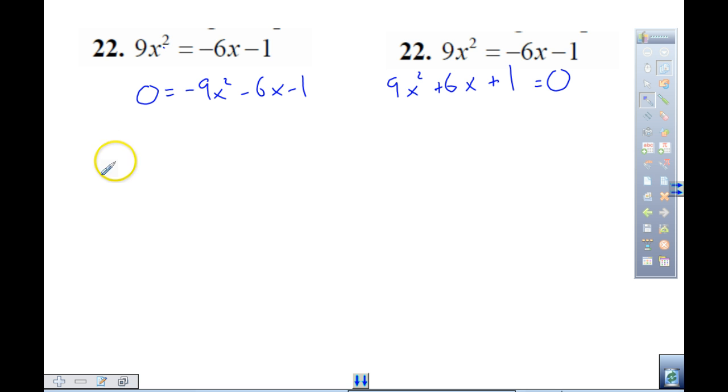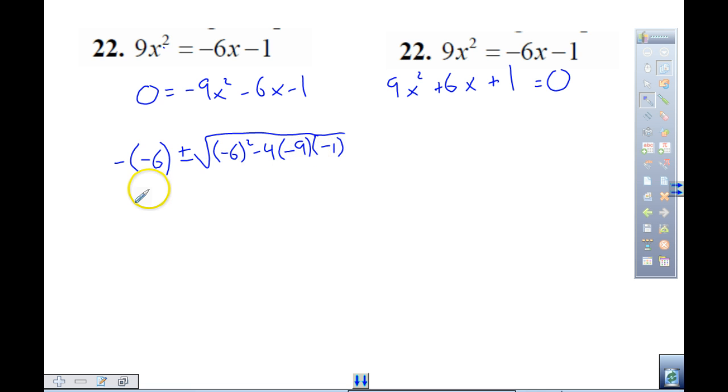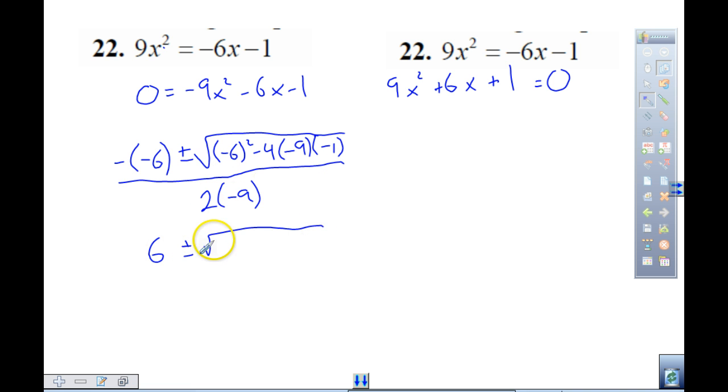Alright, so let's see here. We'll have negative 6 plus or minus the square root of negative 6 squared minus 4 times negative 9 times negative 1, all over 2a. 6 plus or minus, let's do that, 36.